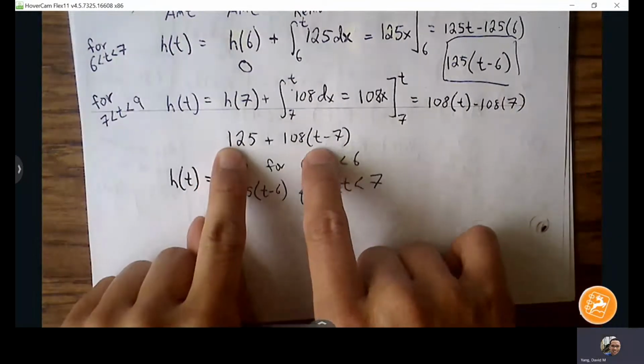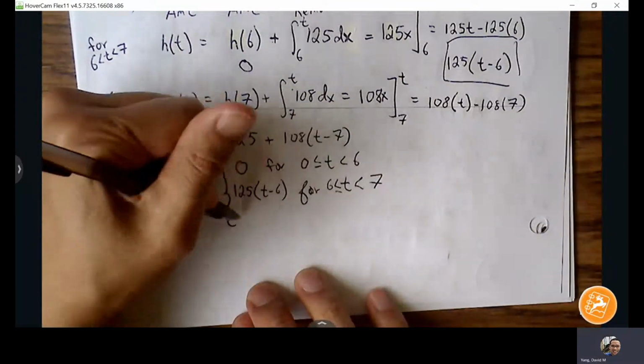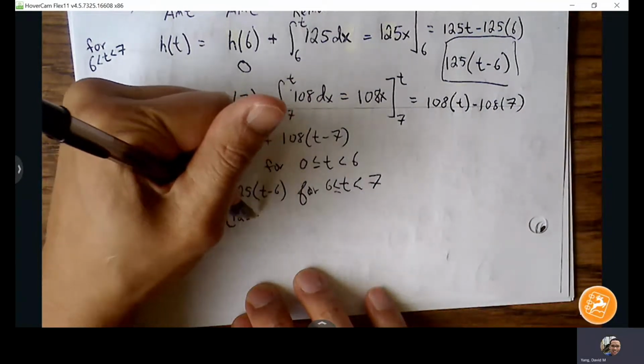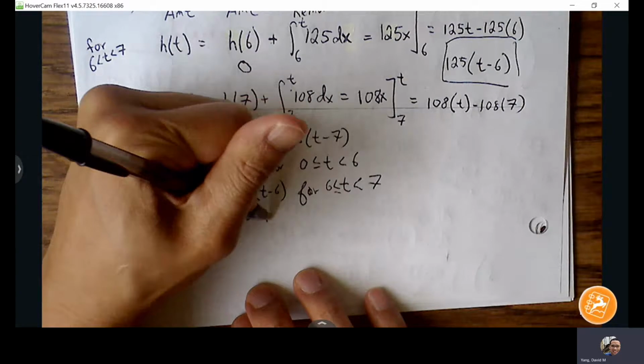And then 125 plus 108 times t minus 7 is what she's able to do from 7 to 9 hours. Anytime I plug in, I can figure out exactly what she's done.